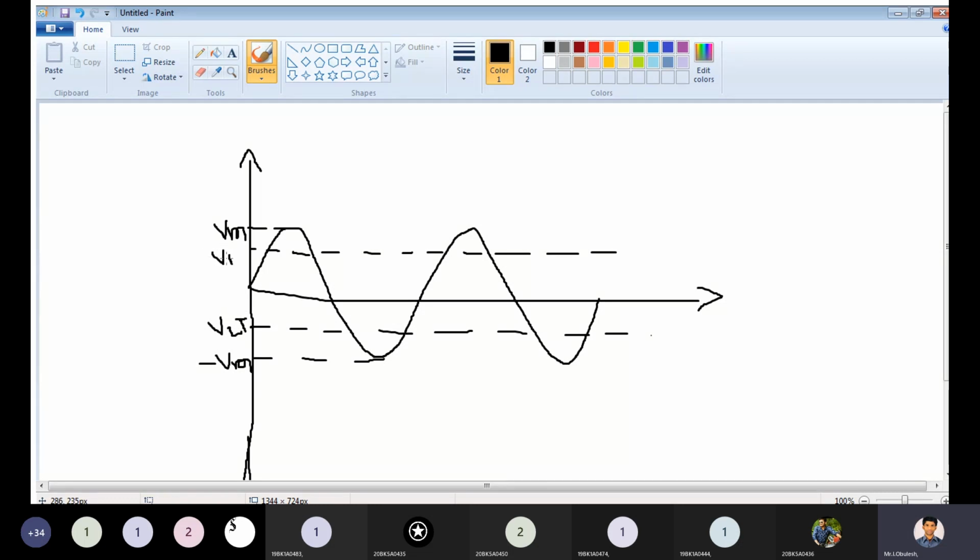This is the VUT. Here we have VI. This is the T. Then you need to drag like this for drawing V naught.